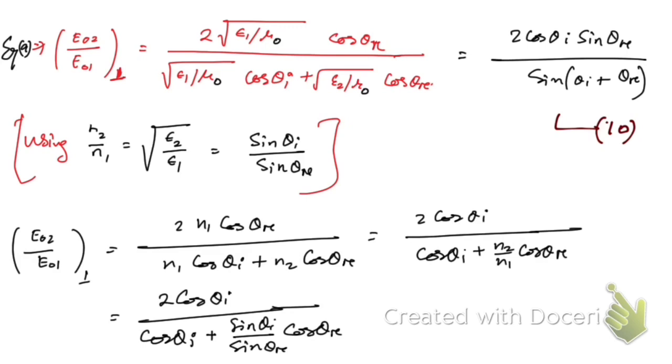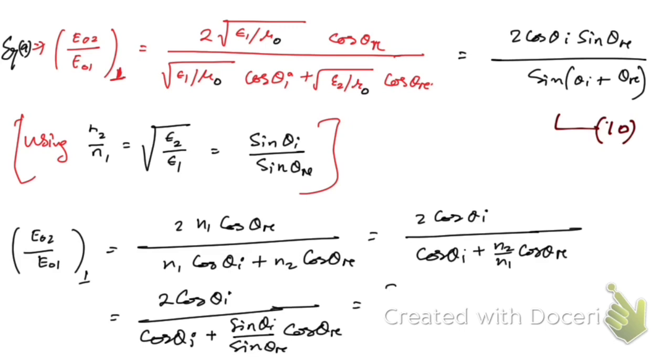Now you see, if we multiply both the numerator and denominator by sin theta r, then this sin theta r will be cancelled, right?